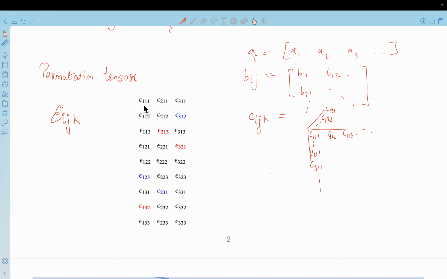So you have epsilon 111, epsilon 211 and so on, and all the different entries are over here. Now there are some things which are in red, some things which are in blue, and the rest are in black. Can you tell me what are the properties that you can see for those elements which are in black color? Anything specific about these elements like epsilon 111 or epsilon 112? How is it different from epsilon 213, for example?